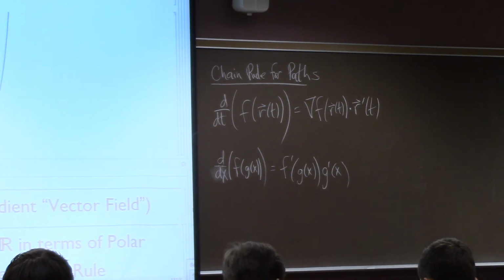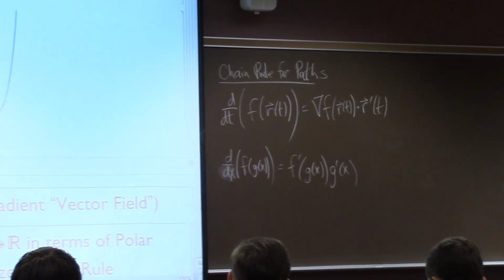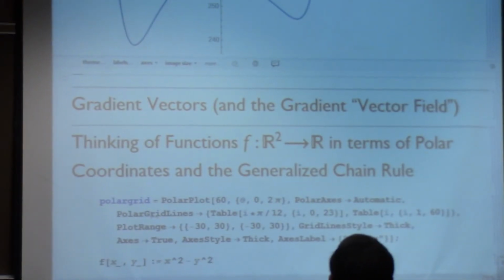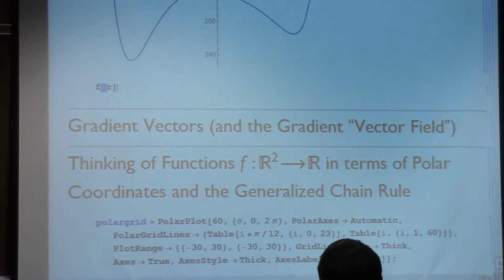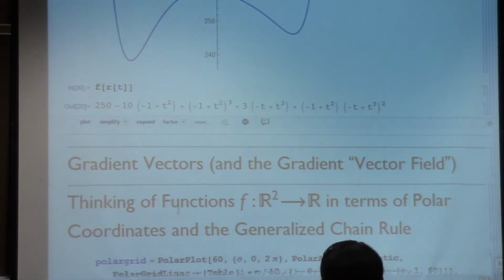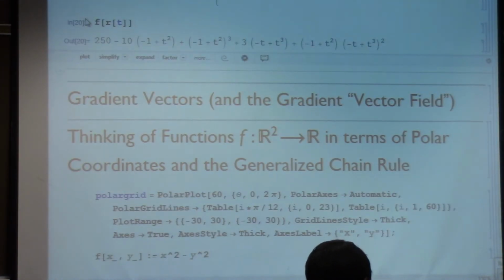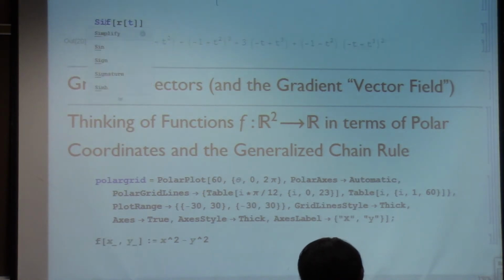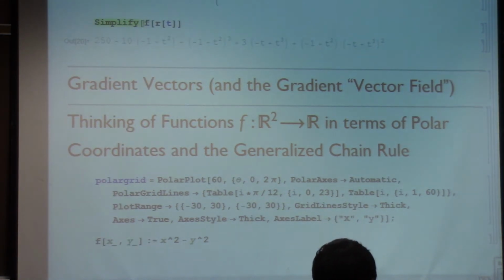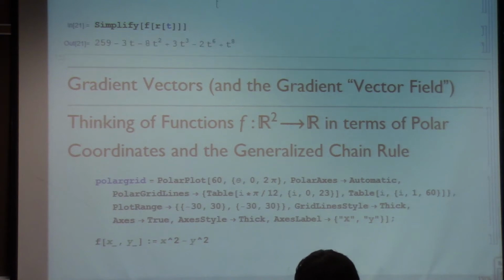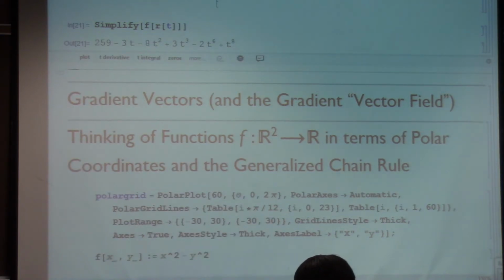Let's confirm this with this example. We can confirm it, first of all, by finding a formula for f of r of t. Okay, I need to expand that out. I could use either expand or simplify here before I differentiate. There it is. That's f of r of t.